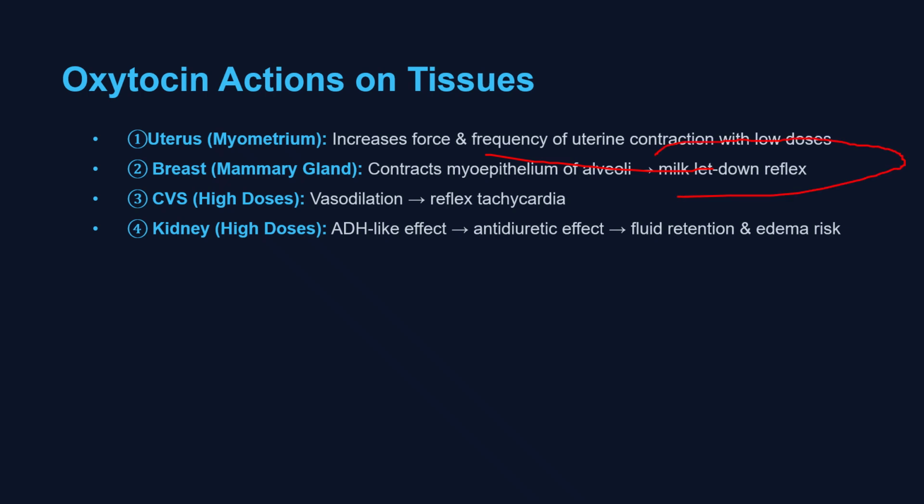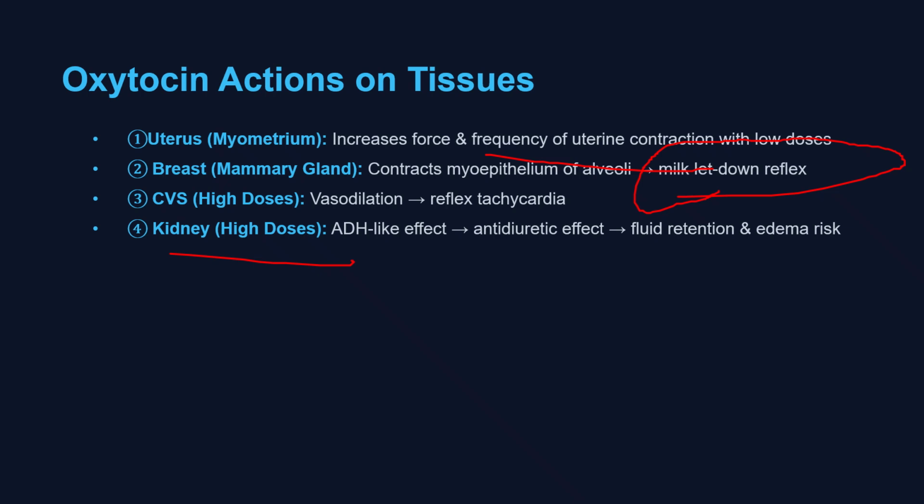In the milk let-down reflex, you want to know oxytocin is also one of the causes. Another thing is the cardiovascular system. It also has cardiovascular actions, but it should be in a certain dose. If you use a high dose, it will cause vasodilation and tachycardia. In the kidney region also, high doses lead to pulmonary edema.